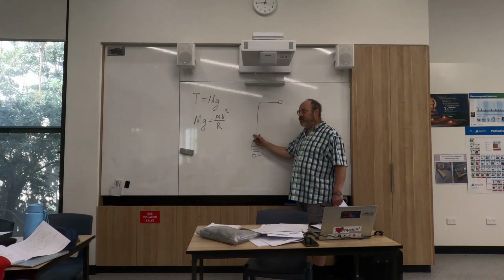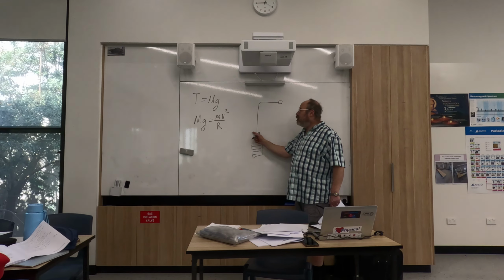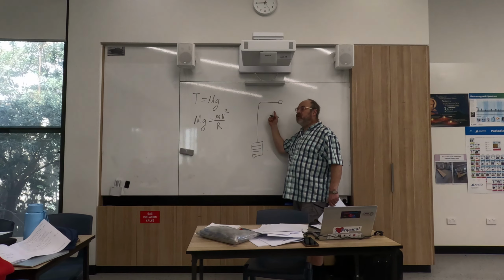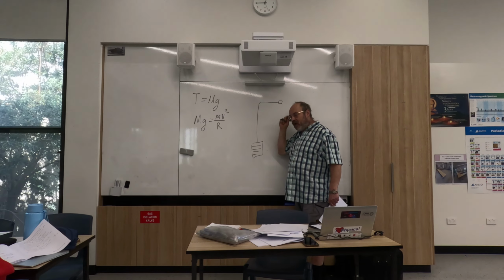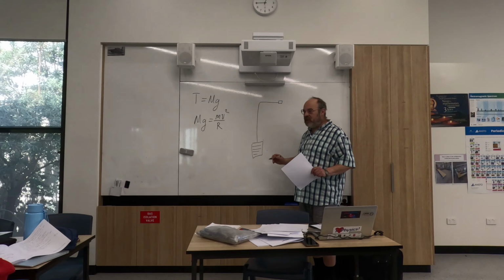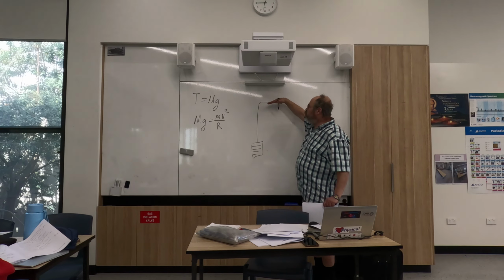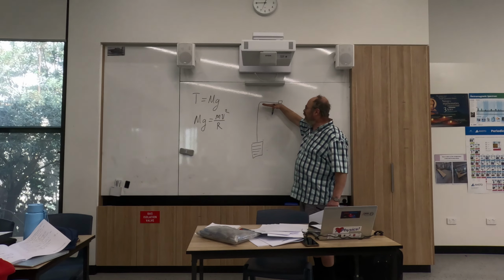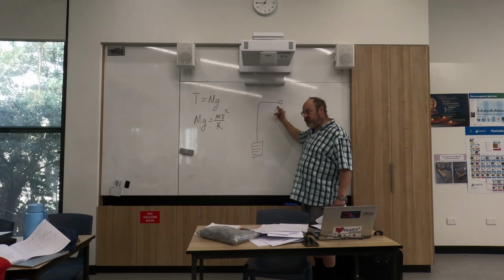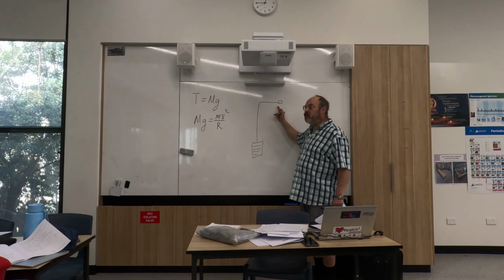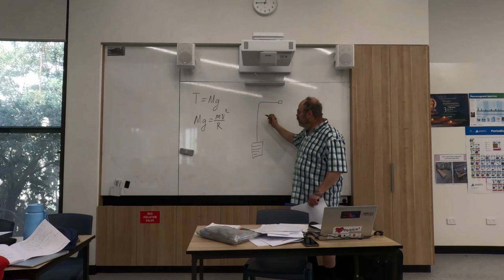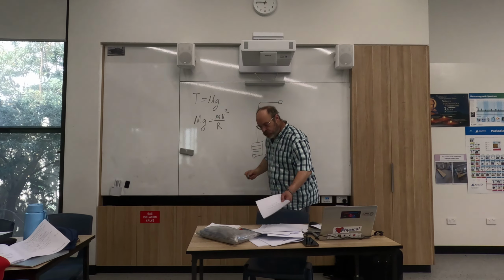They create the tension, and it's one string, so tension here equals tension here. Of course, taken strictly, this will not be horizontal. It will have a little bit of an angle, because we have some gravitational force acting on this, so some part of the tension here.